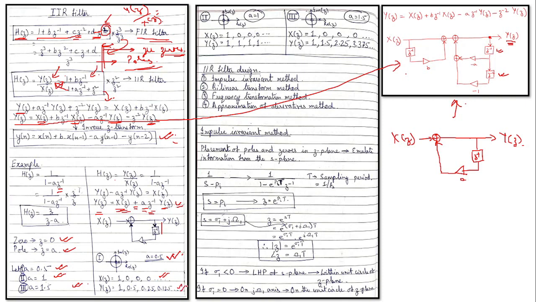This would be the Y(z), right? Then when a equals 1, X(z) is again 1 0 0 0. So you have this 1 at time instance 0 and then again 0 0 input. For that, you see the output is 1 1 1 1 1. It is going on. Okay.